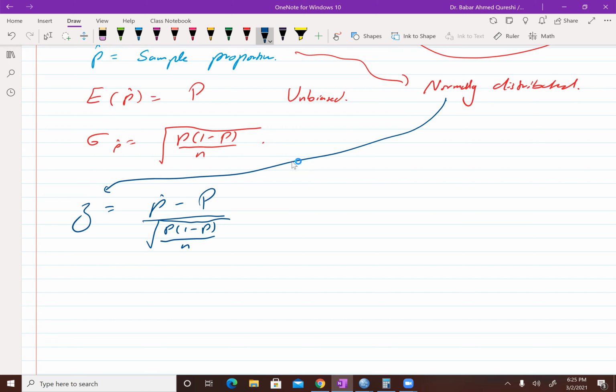Now here what you do is, if the sample size is large enough, again that condition, if that is satisfied, you can replace this thing by the sample proportions.